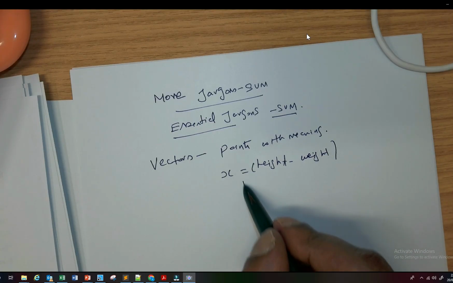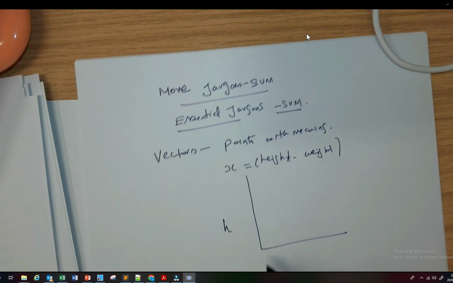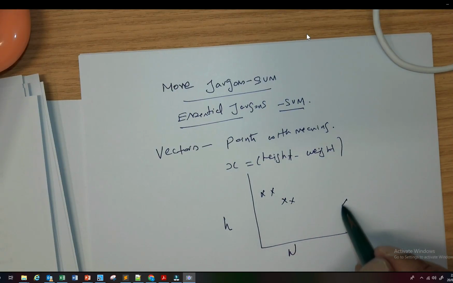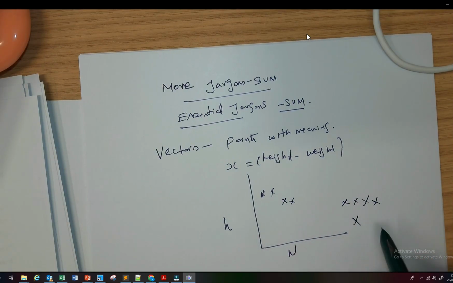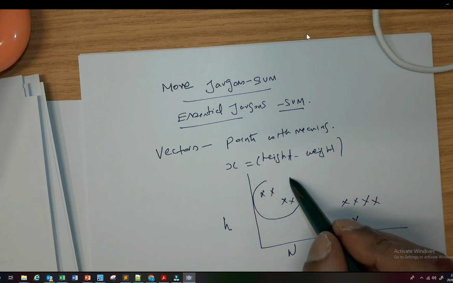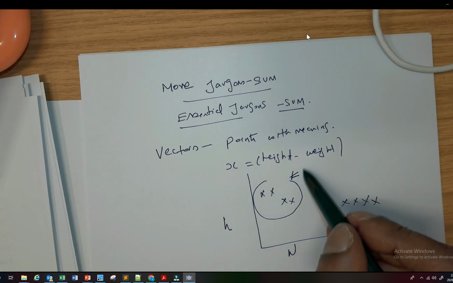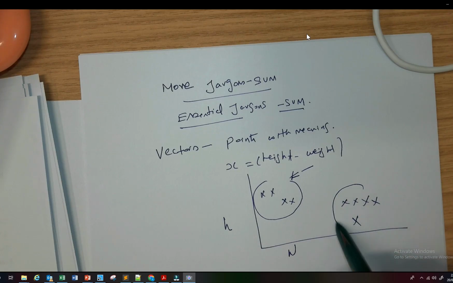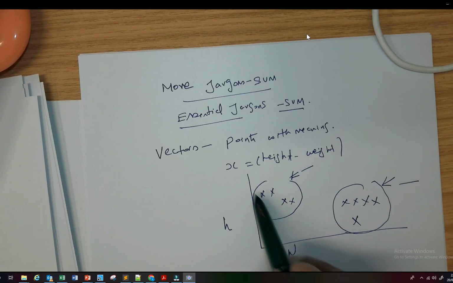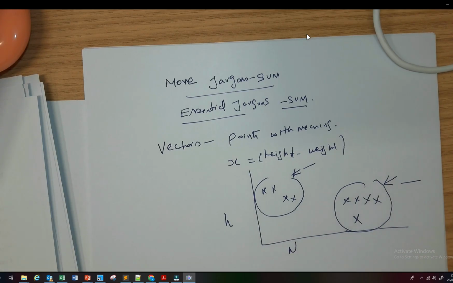So we can plot height on one side and weight on the other side, and let's say you have some points like that. Maybe this group of points belongs to students of some particular age, and this group of points belongs to another group of students with a different age. So that's what this graph explains to us at the moment.